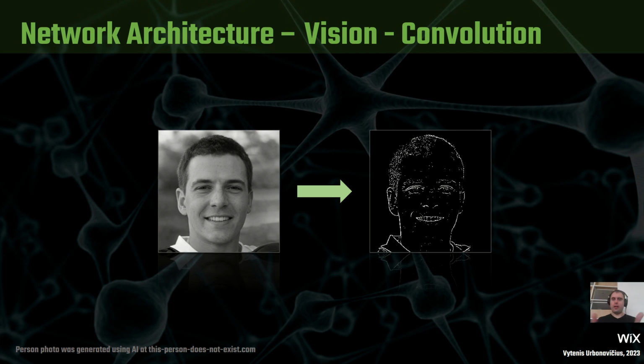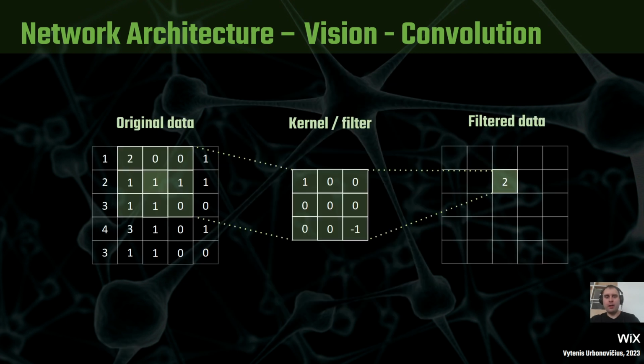So you can do an edge detection, which looks pretty much like this. Okay, so this is convolution, but I haven't yet described it in the context of neural networks. So the trick is, what if instead of defining this kernel manually, we replace those numbers in the middle with neurons?